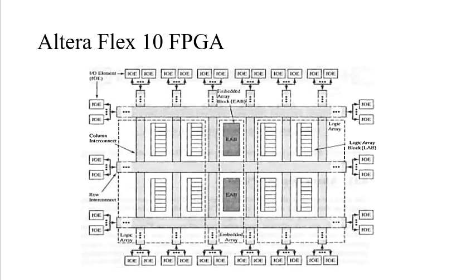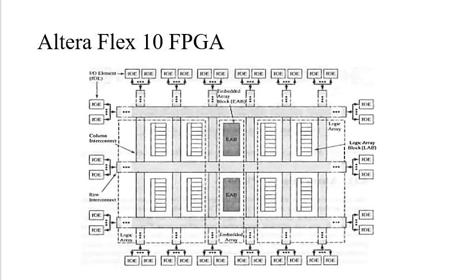We require memory, so in that condition the EAB is used for programming the device. These are the main differences between the Altera Flex 8000 FPGA and the Altera Flex 10K FPGA. The Flex 10K has memory, but the Flex 8000 does not. It is not 10, it is 10K.